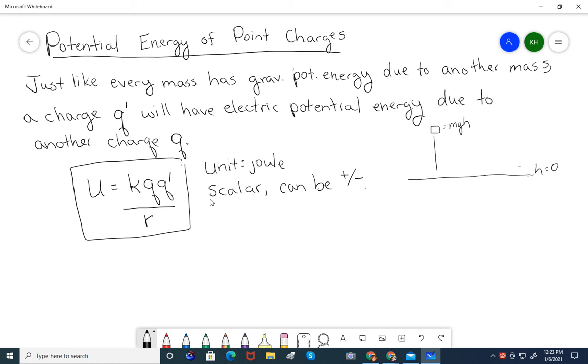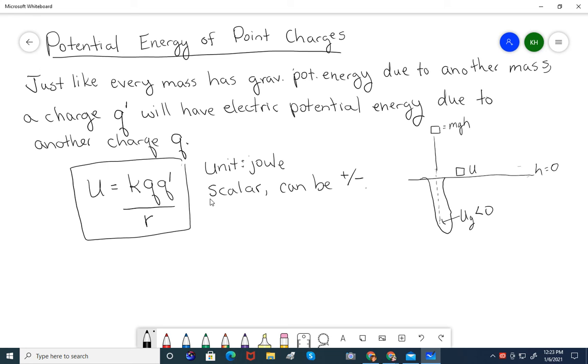But what if I dig a hole? There's a hole. Notice if I let it fall past 0, its gravitational potential energy at this point is actually going to be negative because I already decided that 0 potential energy was going to be right here.